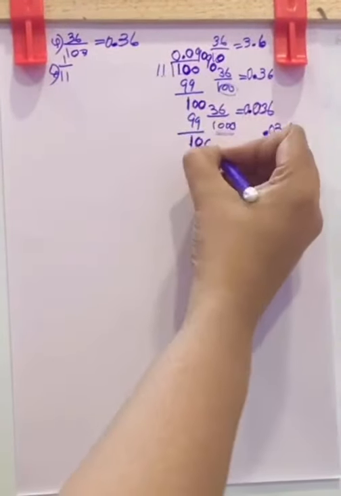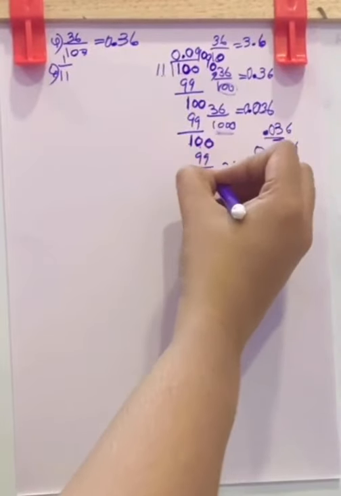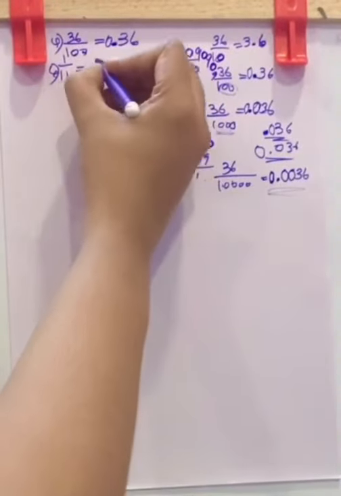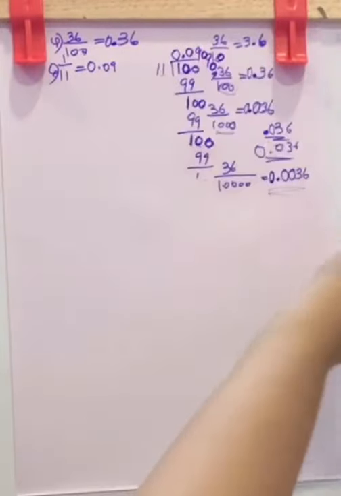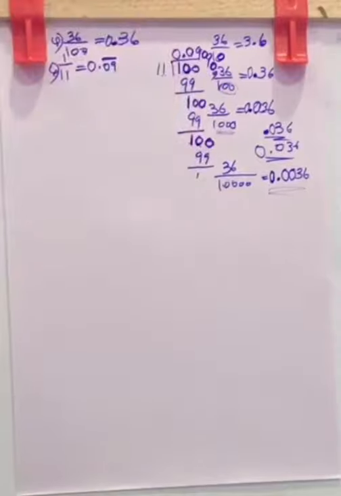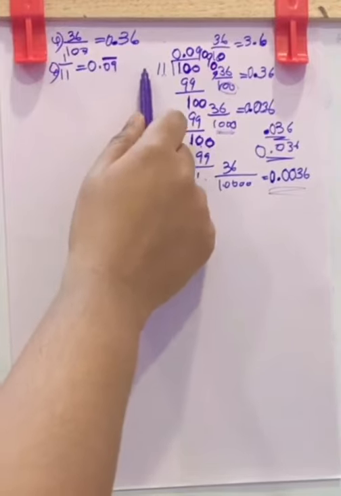So again make it 100. Now 9, 99, like that it will move on. So the answer is 0.0900909. So simply you can say 0.09 bar. This indicates this set of numbers is repeating.